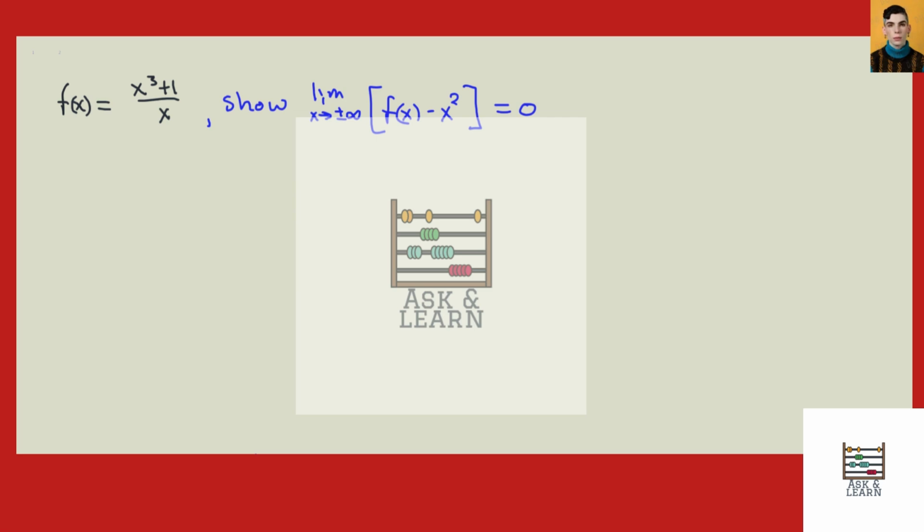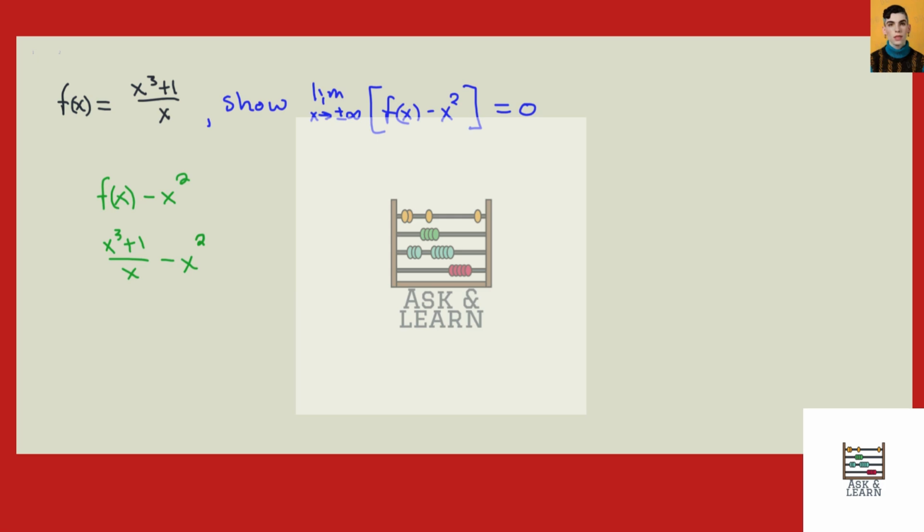All right. So first, let's just go ahead and find what f of x minus x squared is. Let's do that first, since we're going to need to use it for two limits. So we go ahead and plug in x cubed plus 1 all over x minus x squared.